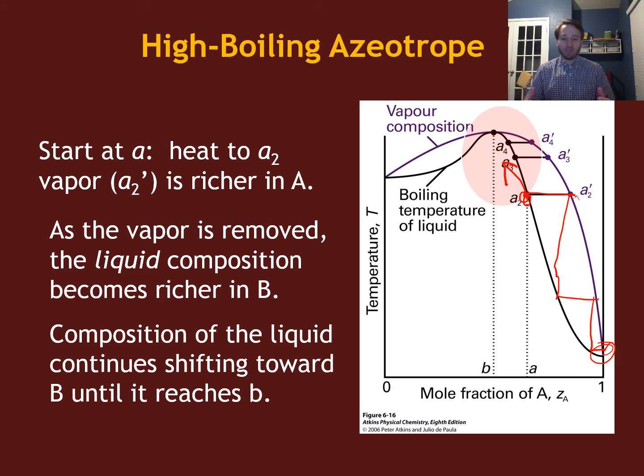And so you'd eventually end up with pure A and pure B and fully separate these two things in an ideal situation. But for this high boiling azeotrope, I'll be able to purify some A through this fractional distillation process.